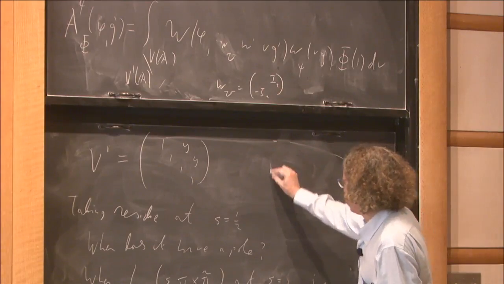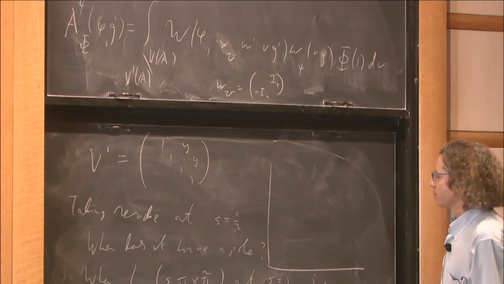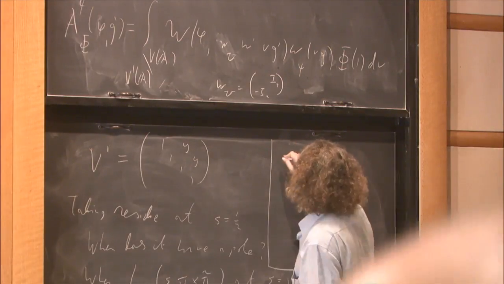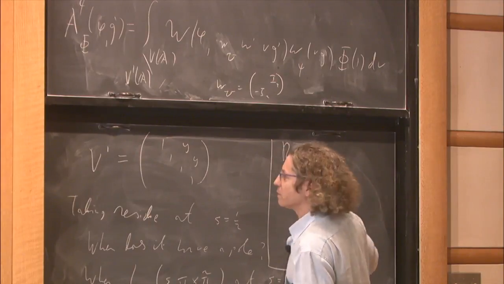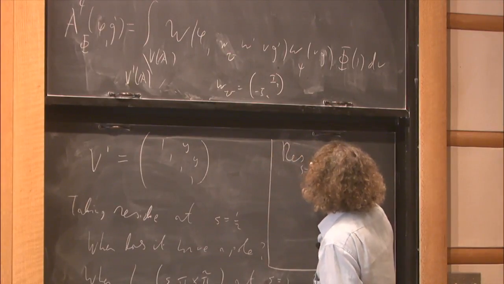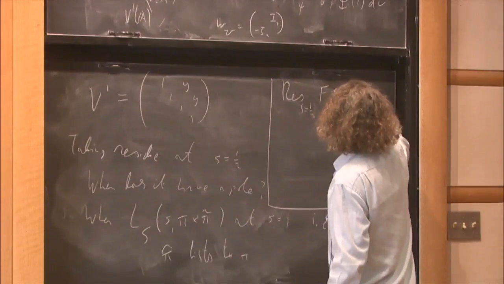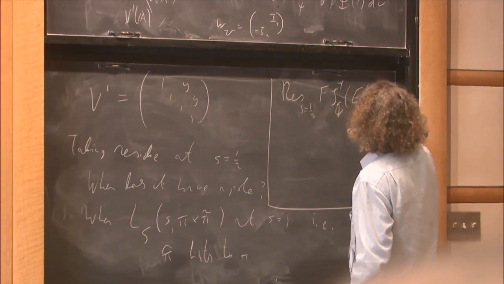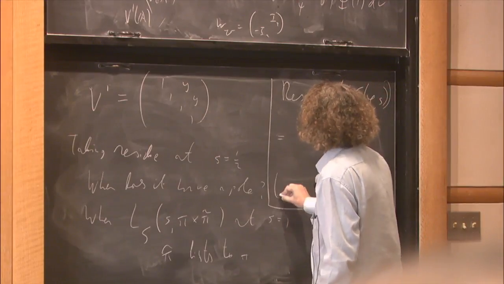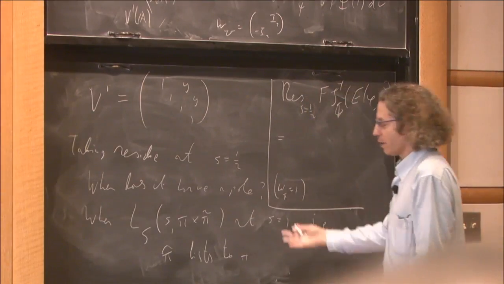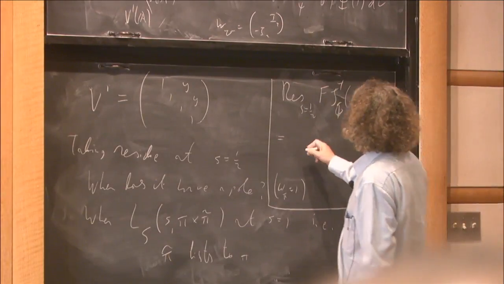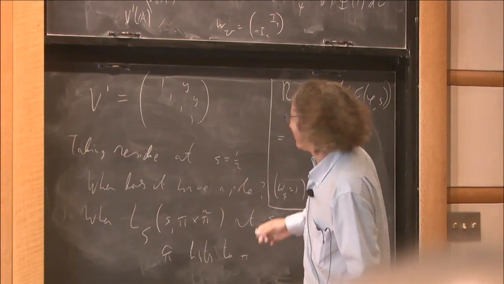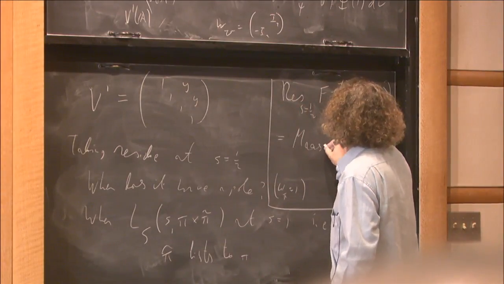So in other words, what this suggests, almost proves, is that the residue, and that's Peter's question, the residue at s equals half of this Fourier-Jacobi guy is exactly, if you start with pi with a trivial central character, otherwise there's no chance for a pole, this will be, I guess in this direction, the Maass lift of pi.